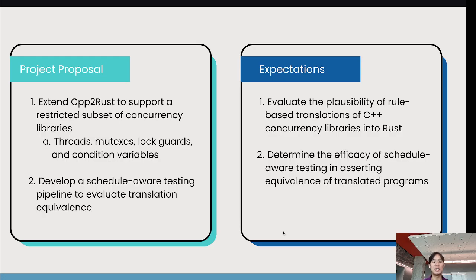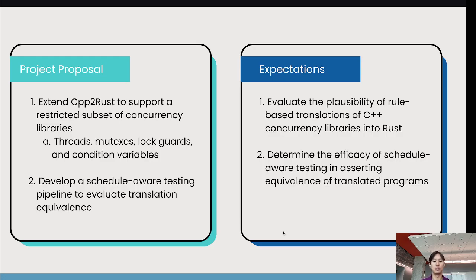So what do I expect to gain from this? I expect to evaluate the plausibility of rule-based translations of C++ concurrency libraries into Rust. So pretty much what this is saying is I hope to figure out whether or not it is reasonable to translate C++ concurrency libraries into Rust through rule-based translations. This is different than LLM-based translations, and that is something that further work can go into.